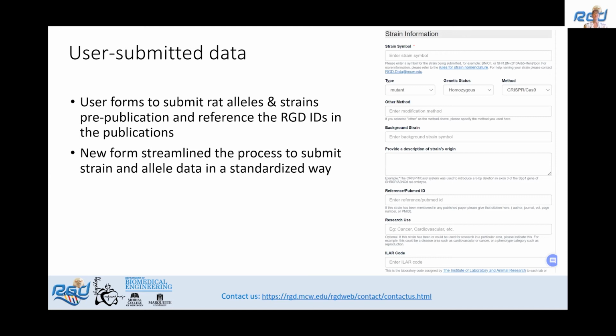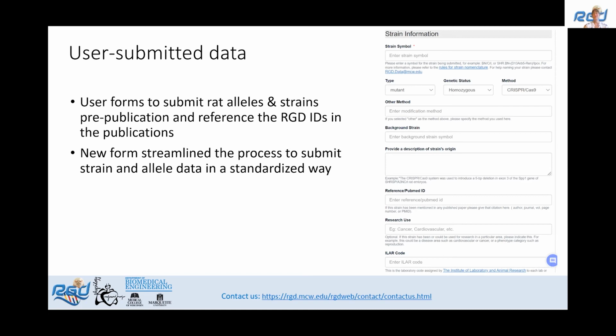And recently, we've streamlined this process by providing a more user-friendly form for a user to submit. And of course, we'll help with assigning the nomenclature, the symbols. But by giving them this form, they have a way to provide this data in a standardized way.